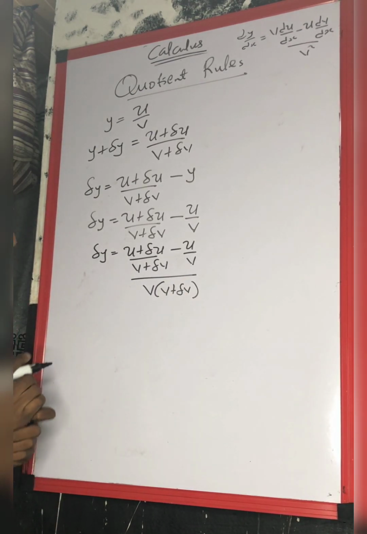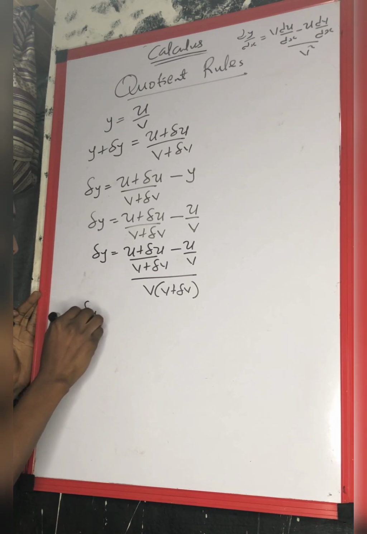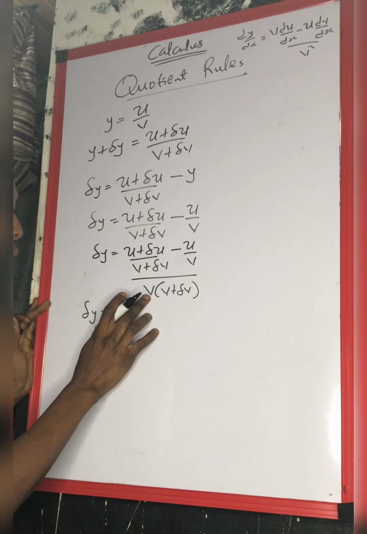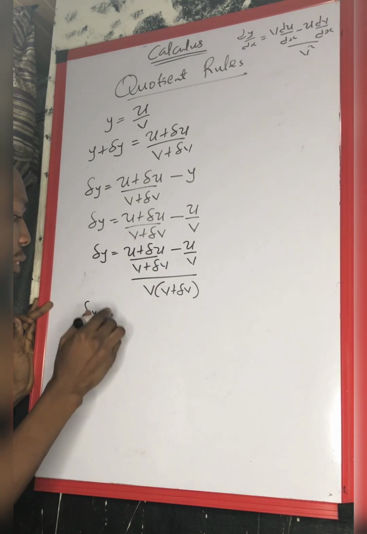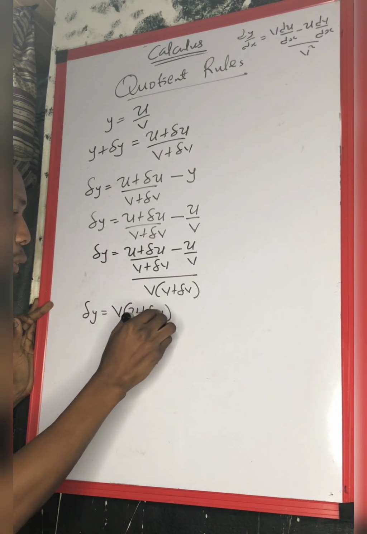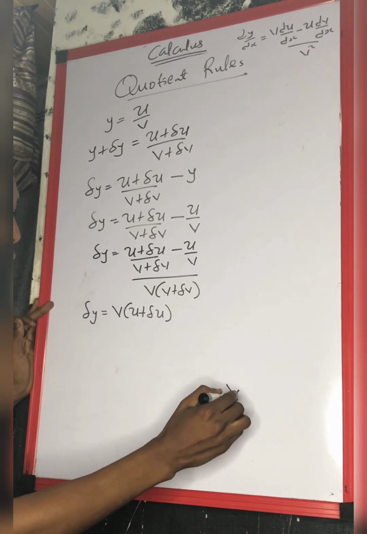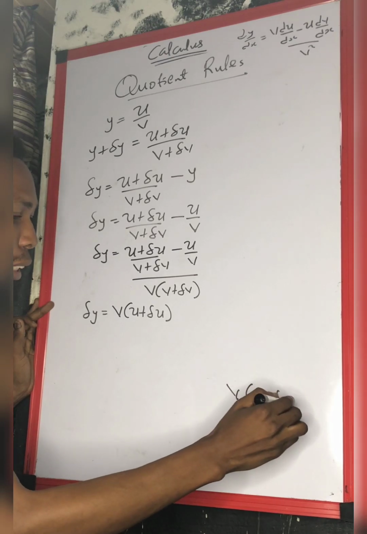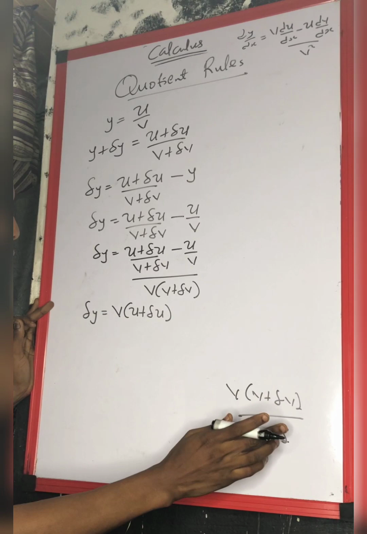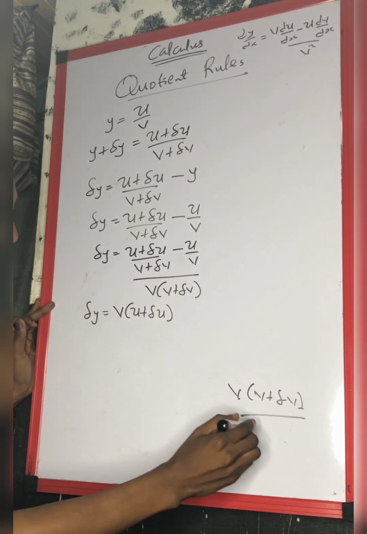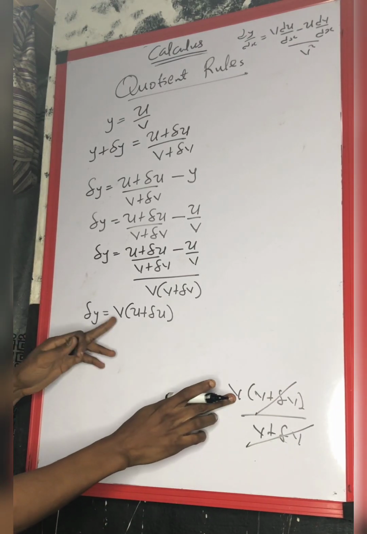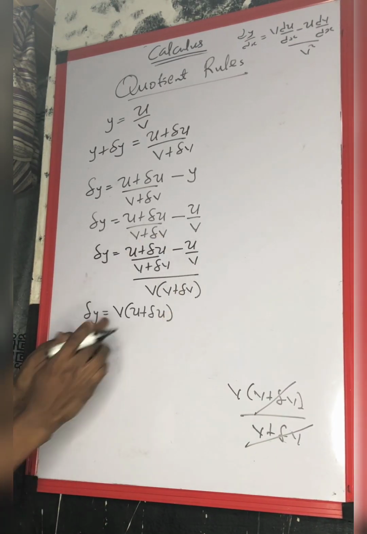So we have change in y equals, this will cancel out this, and we will be left with v. So v times everything here, we still have v bracket u plus change in u. Some people might be confused. This is written as v bracket v plus change in v, divided by v plus change in v, so this cancels out and we are left with v to multiply the numerator.